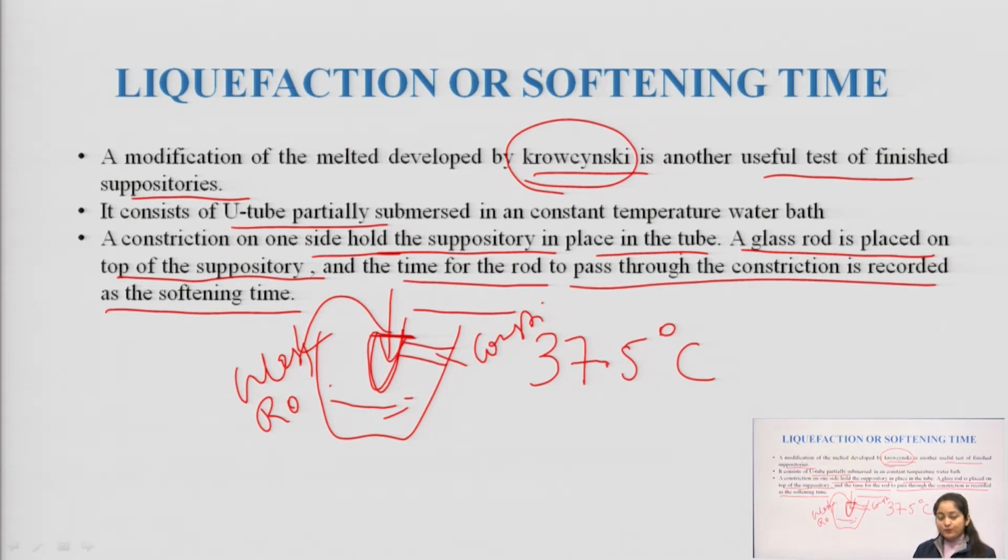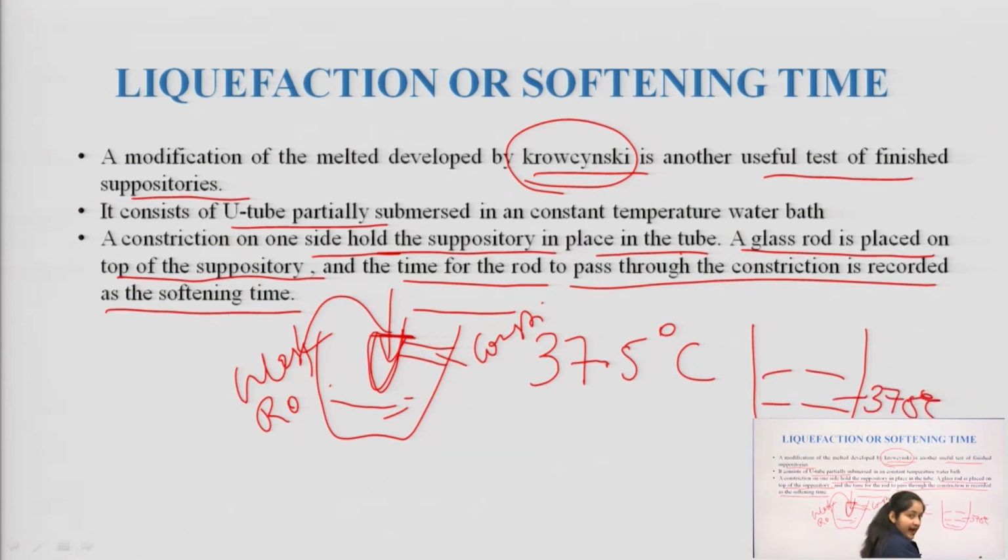To be more clear, I would like to once again tell what is happening in this test. We are taking a constant water bath, maintained at a temperature of around 37.5 degrees Celsius, and we are inserting a suppository whose liquefaction or softening temperature is to be determined.